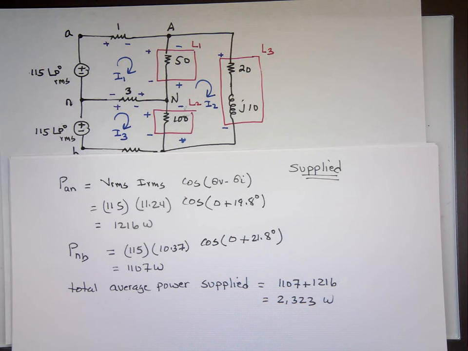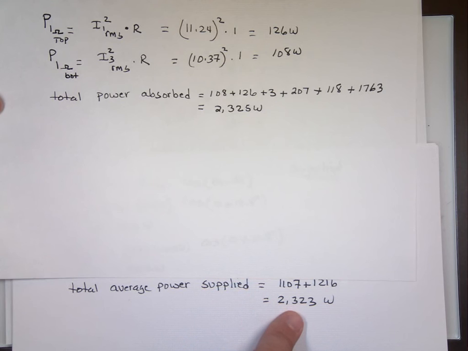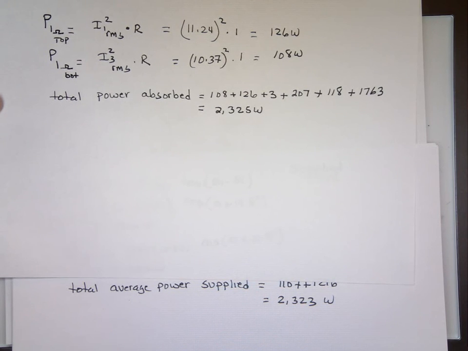What was the average power absorbed? 2325. Absorbed 2325. The difference, why? Rounding error. Now let's look actually at the load itself.